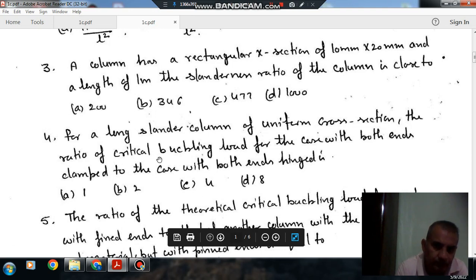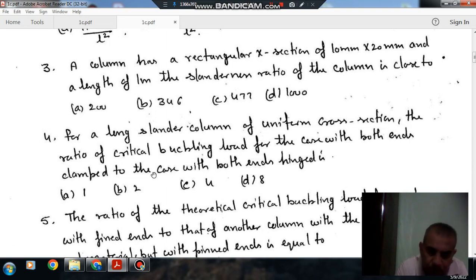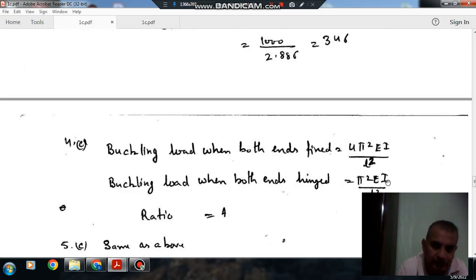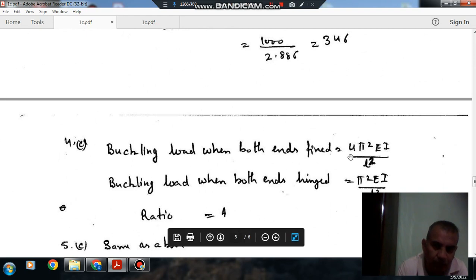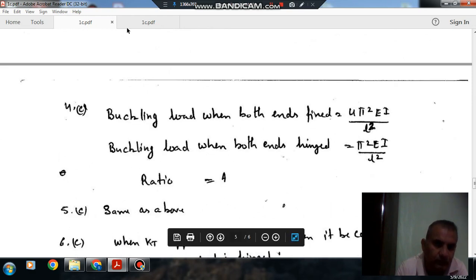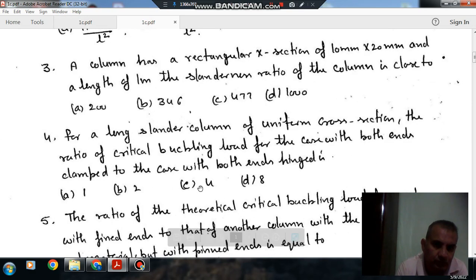For both ends hinged, the buckling load is pi square EI by L square, and for both ends clamped or fixed, the buckling load is 4 pi square EI by L square. So the ratio is 4. So the answer is option C.